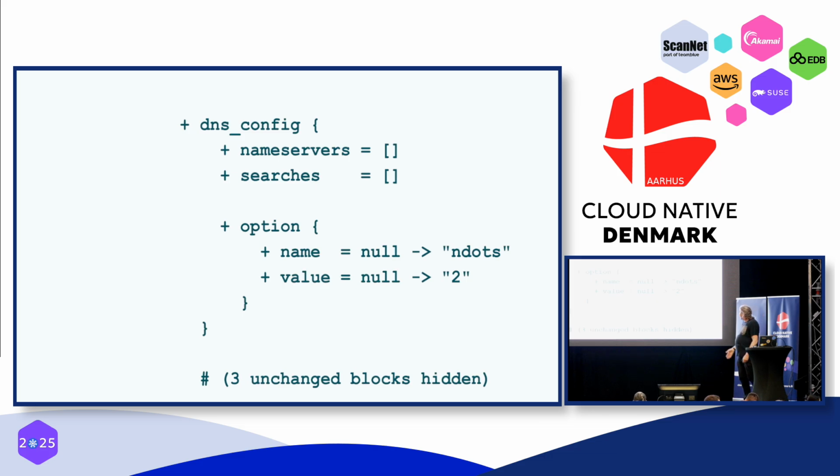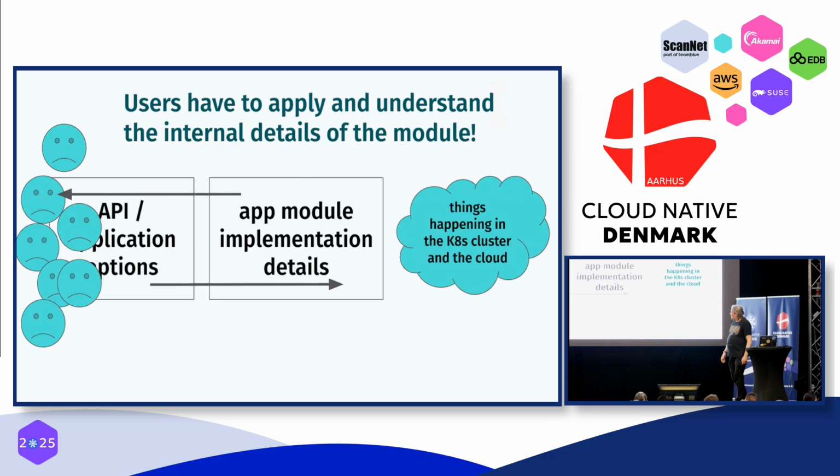Does it break my service? I don't know. I just apply it. So these sorts of implementation details go this round trip from the users back to the cloud, and they have to apply these changes that they don't understand or care about.